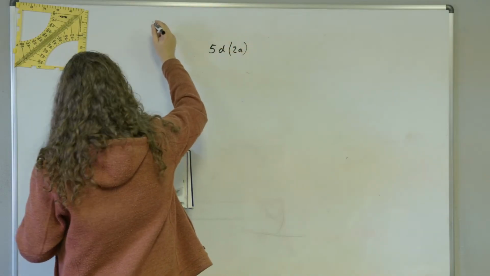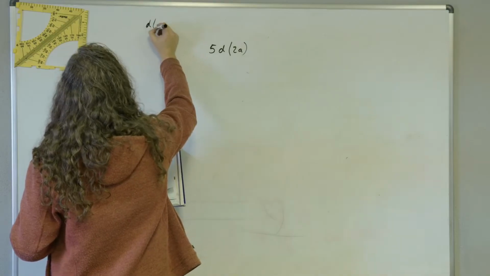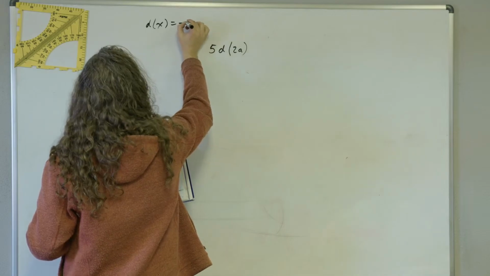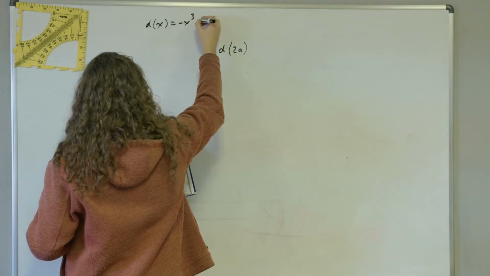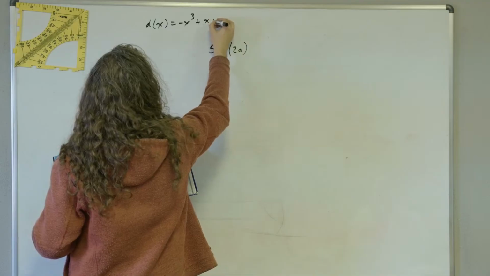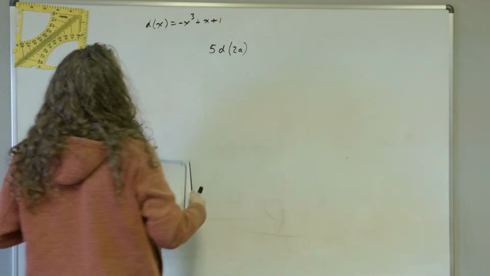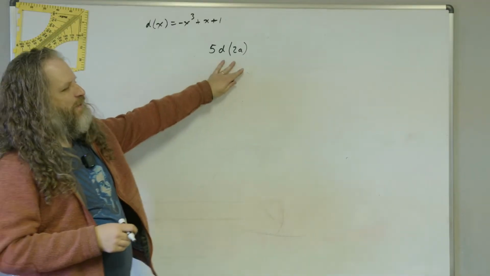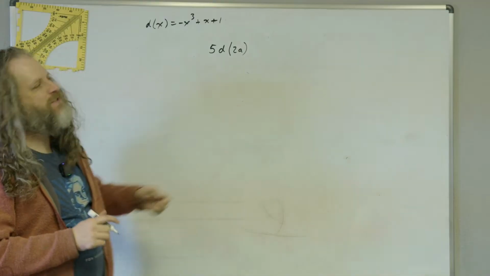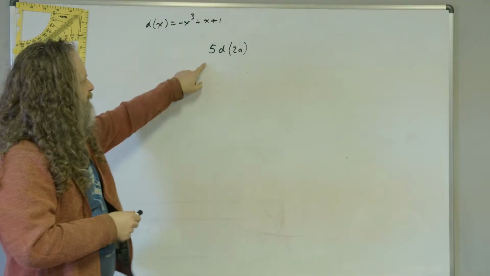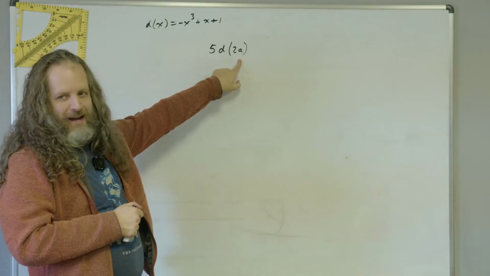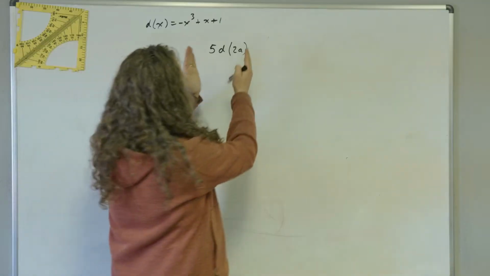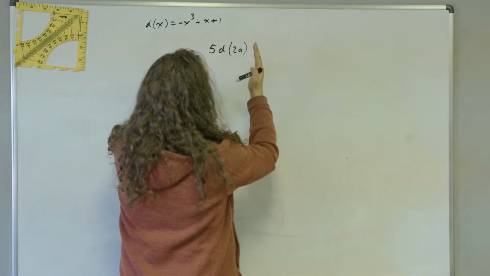Now, this is confusing a little bit on this problem more than others because there's a lot of things that we need to know through context of what this means, right? Because we've got a multiplication and a function all in the same notation, and so it looks like we're doing 5 times d times 2a, which is not what we're doing. Because we know through context that d is a function, so it's 5 times d of 2a.